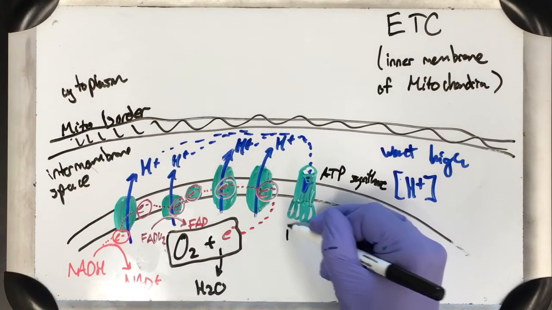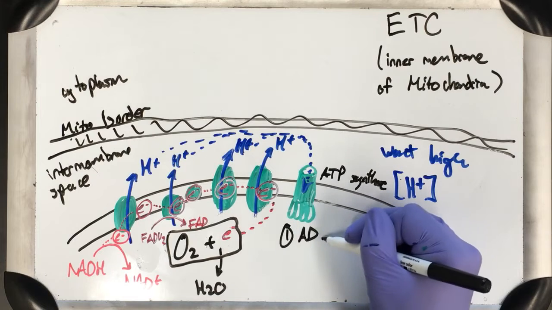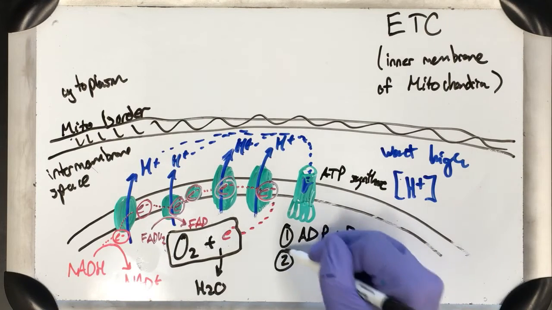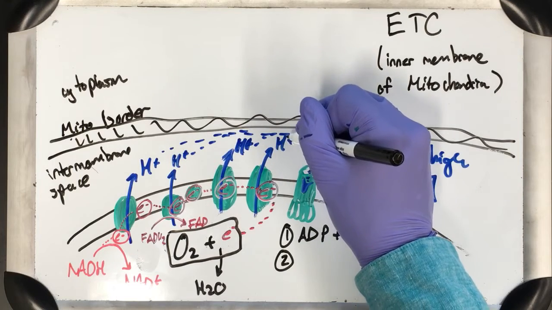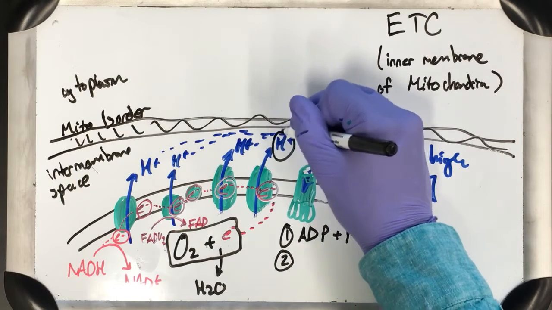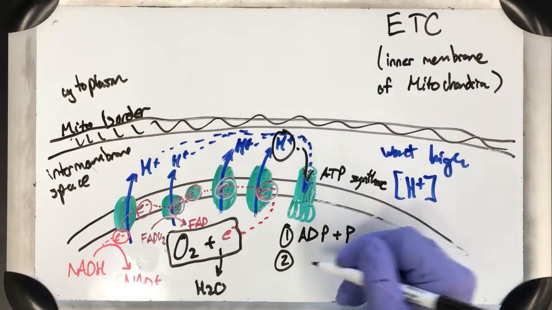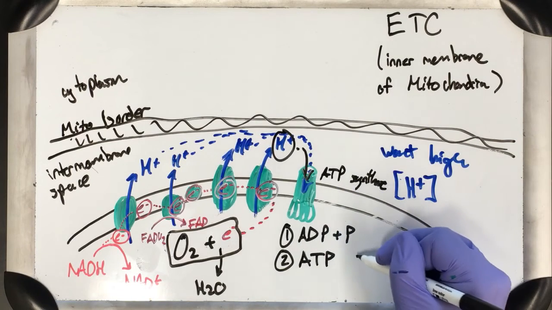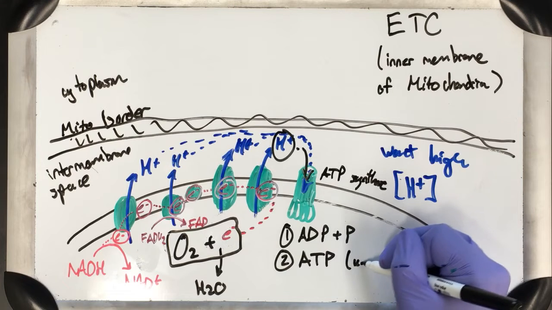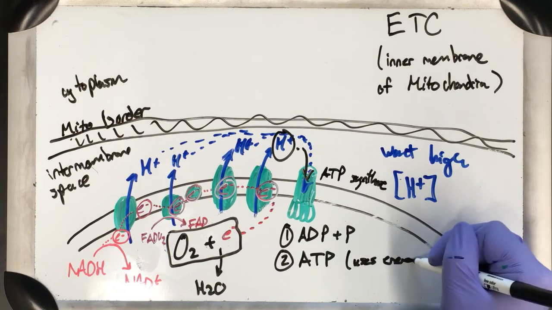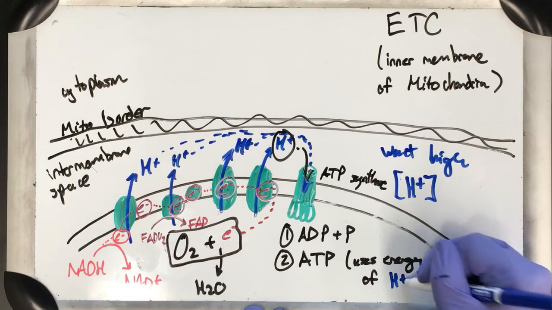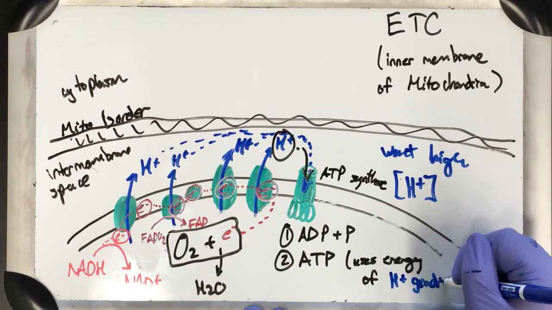The first step in the motor is that it loads ADP plus one phosphate group. The second step of the motor, that's being turned by the binding of each of these, and each of them is going to want to come through, that next motor turn forces that bond together, and it uses the energy of the H gradient.